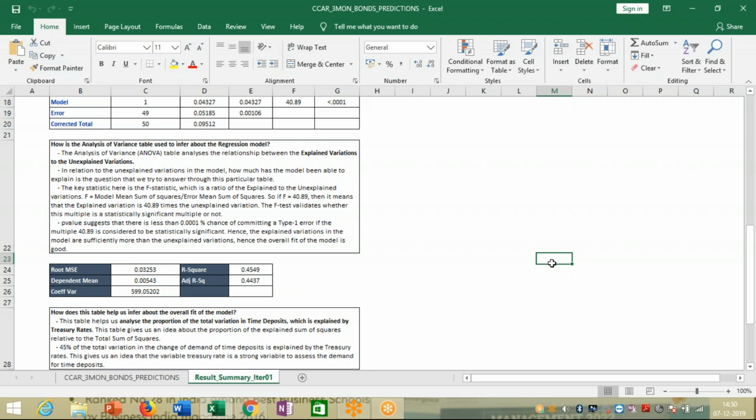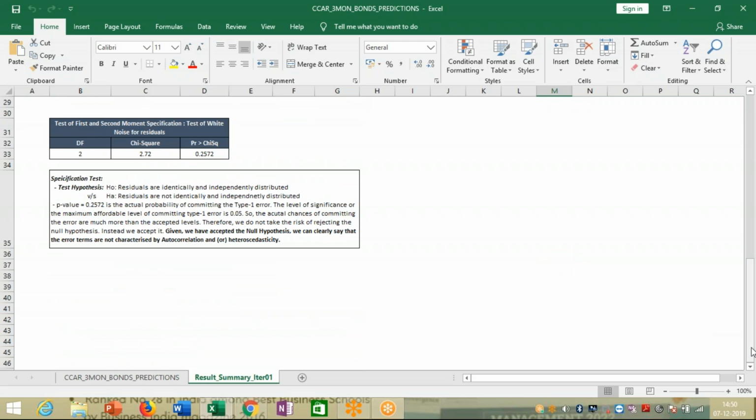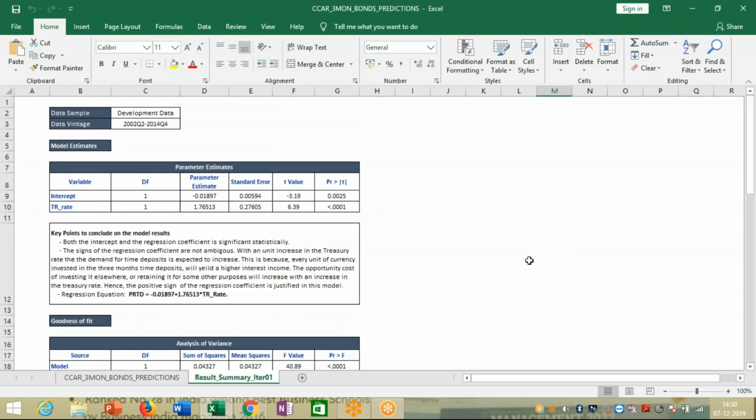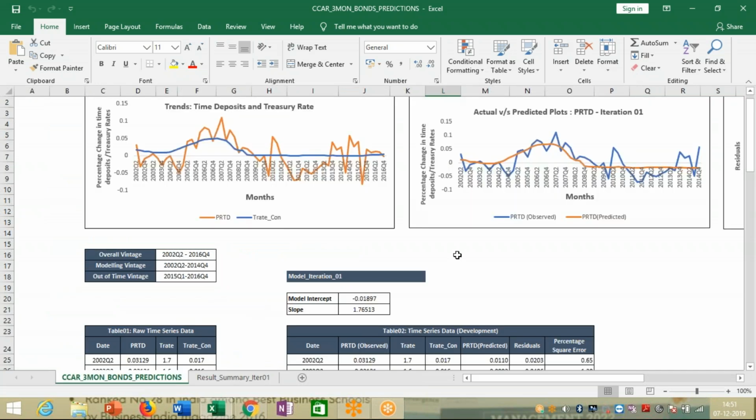how the CCAR results are interpreted, how the linear regression results are to be interpreted, and what implication this model has for the CCAR modeling, the model that we had developed.